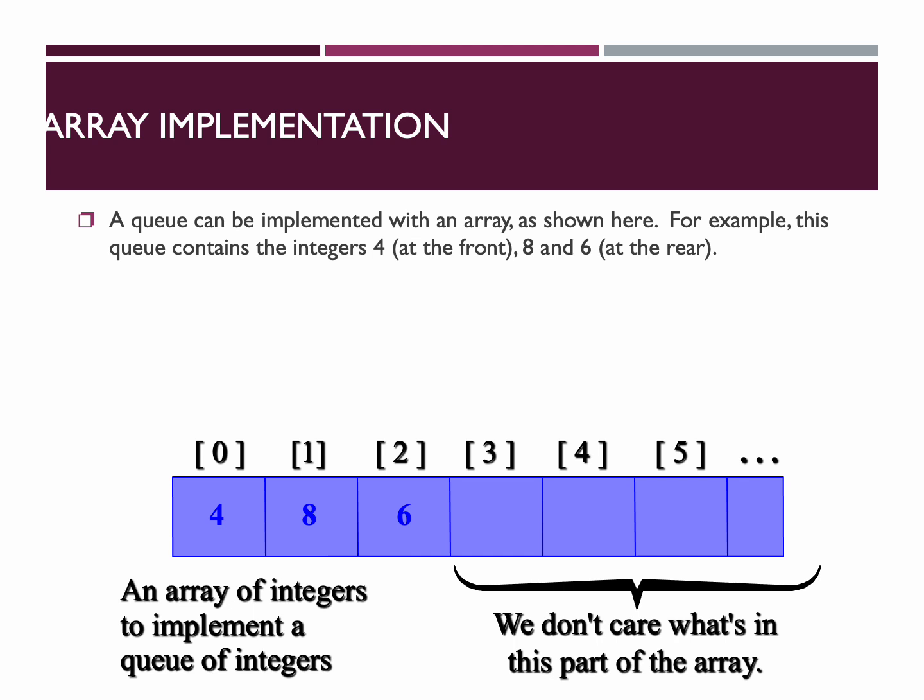Just like our stack implementation in the previous lectures, one way to implement a queue is to store the elements in an array. So an array of integers to implement a queue of integers. We have 4, 8, 6 at the addresses 0, 1, 2, and for the addresses 3, 4, 5 we don't have anything.